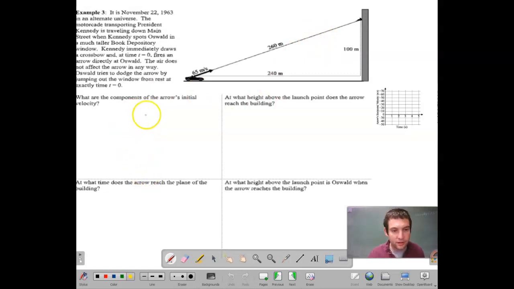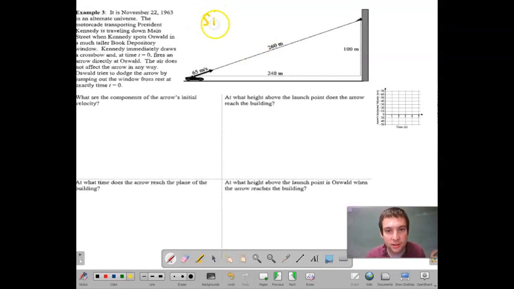What are the components of the arrow's initial velocity? We have 65 meters per second, and we have no angle. Oh no, Mr. Scapatis, what are we going to do? All right, so we are given the hypotenuse, the adjacent side, and the opposite side. So that means we can find the angle. Pick one: so, ka, toa. I'm going to pick so.